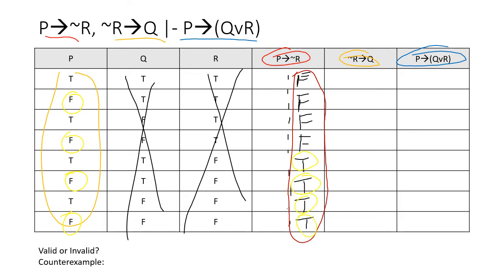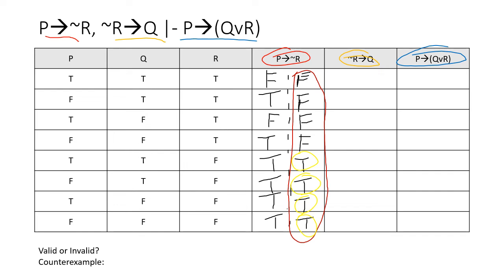And in those situations, the arrow is true, so here, here, here, all the way down. Only these two rows 1 and 3 are going to be false. And then we can get rid of this column here.